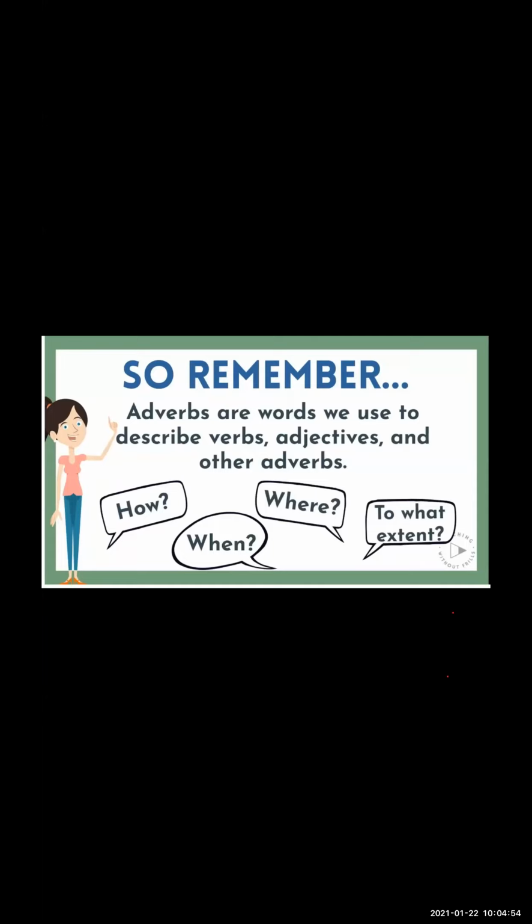At that time, you have to ask the question to find out the adverb: how, when, where, and to what extent. If you got the answers to these questions, they are considered as an adverb in the sentence. Okay. So I hope all of you must have understood about the adverb.